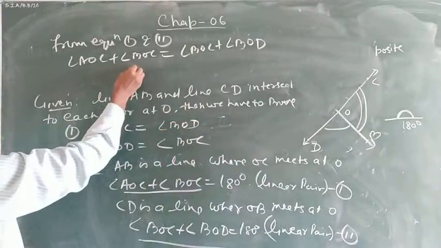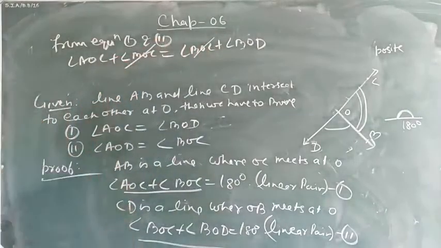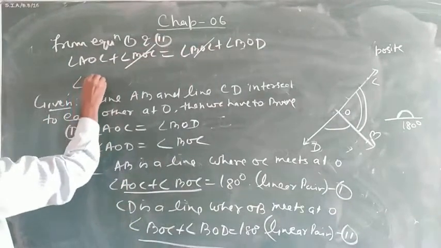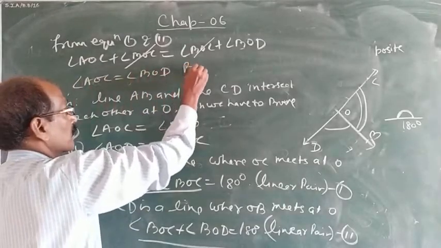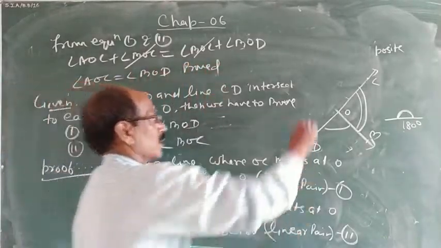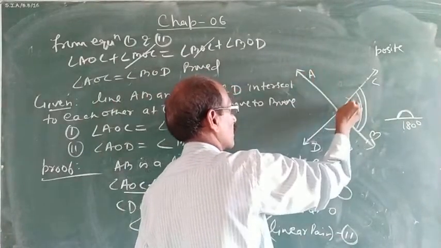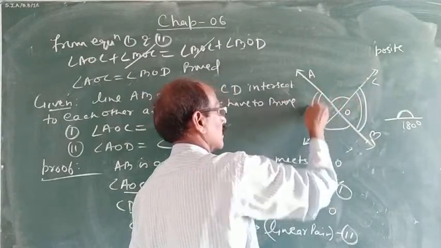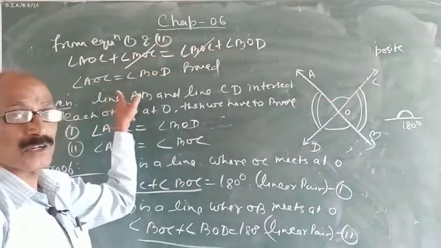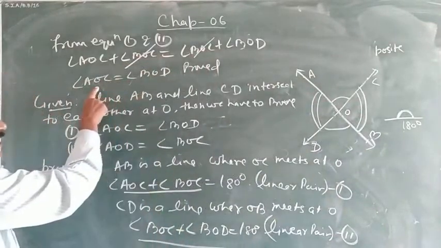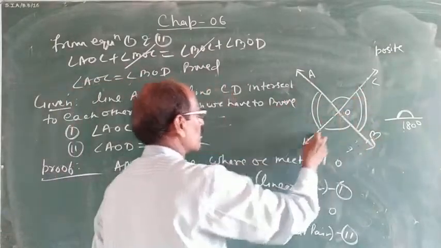Here angle BOC on the LHS and BOC on the RHS both are eliminated. Now angle AOC is equal to angle BOD. This is the proof. Here is the angle AOC and angle BOD, both are equal.